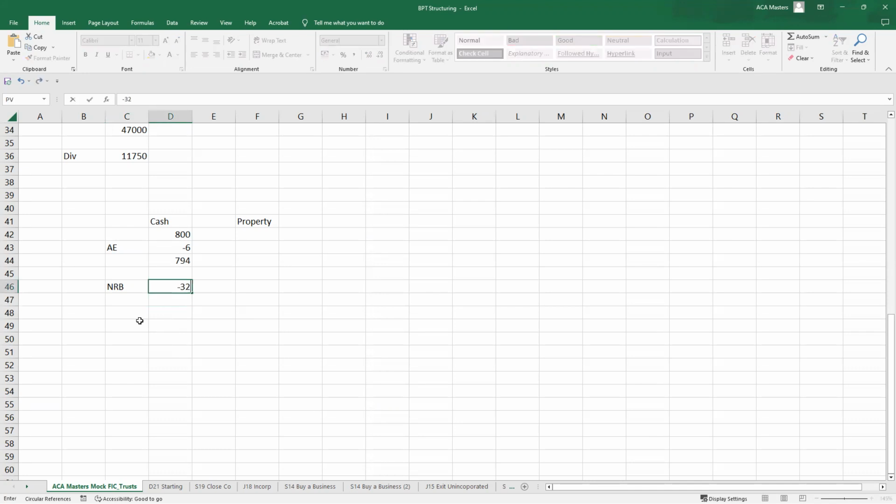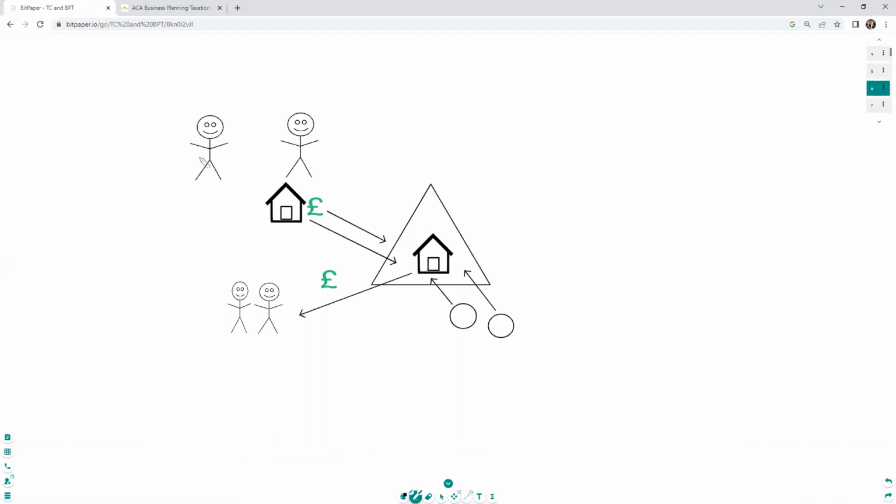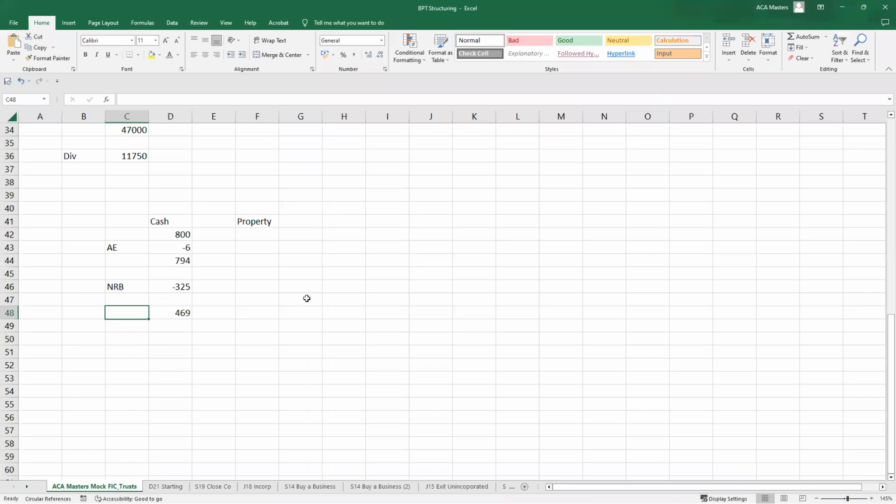So we'd assume that the full nil rate band is available. It could suggest some tax planning here, that maybe she could have transferred half of it to her wife first of all, and then you'd be able to use both of their nil rate bands. You could mention that, and it would be a valid point, and you would get a mark for it.